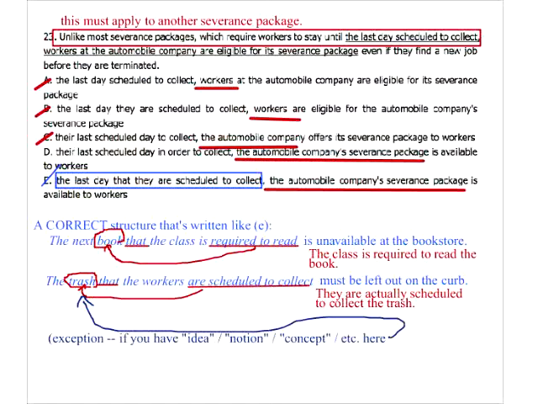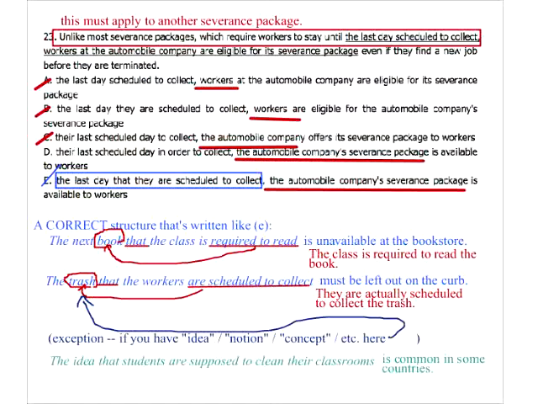If you have something like the idea that students are supposed to clean their classrooms is common in some countries.